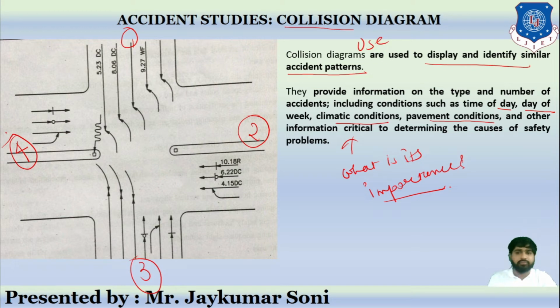Was the pavement condition dry or wet? And apart from this, certain other customized information relevant to that particular stretch only. So this collision diagram gives us these details that help us determine the cause of the safety problem.